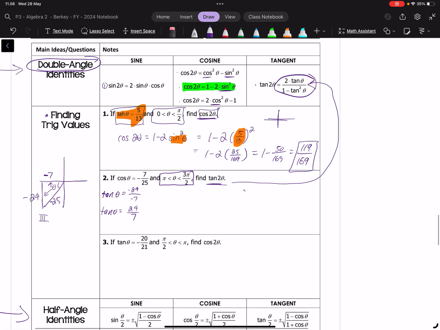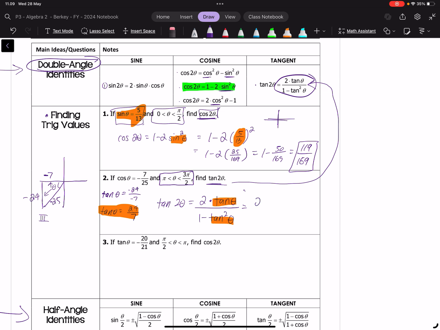Now that's helpful because when I go to write this definition of the double angle identity for tangent 2 theta, I get 2 times tangent theta all over 1 minus tan squared. Well, now I have what tangent of theta is, 24 over 7, and I can just plug it in to these spots.